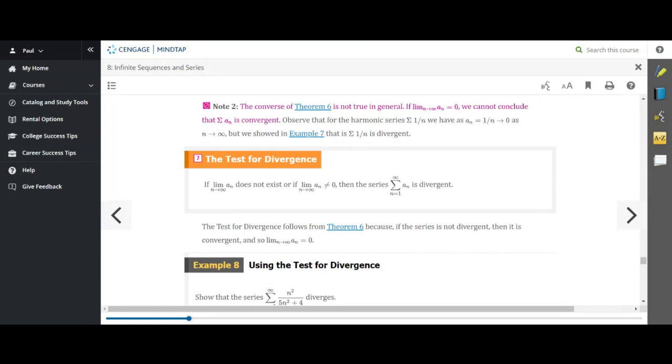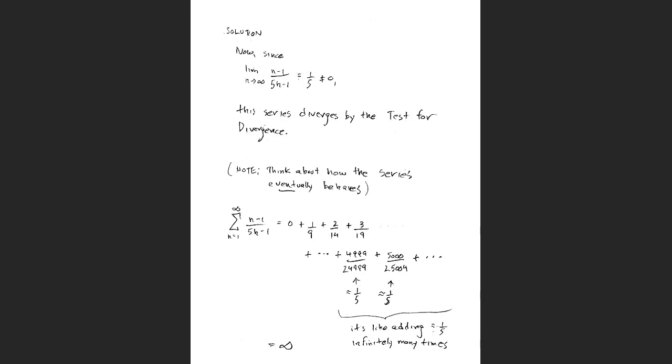That's called the test for divergence. So if we go back to the problem, here was our series. The terms of our series approach a fifth. Therefore, the series diverges by the test for divergence.